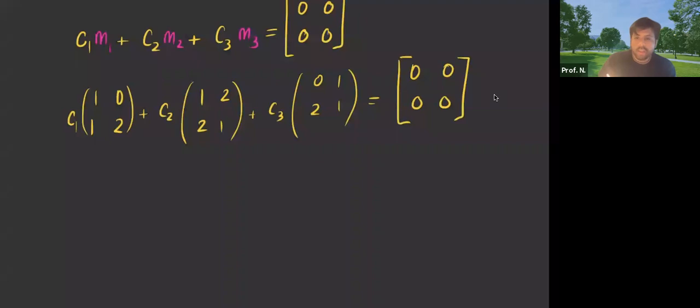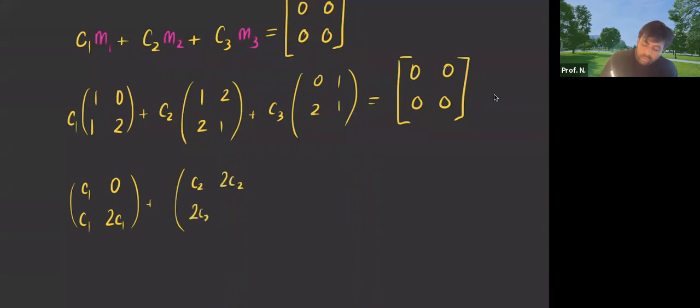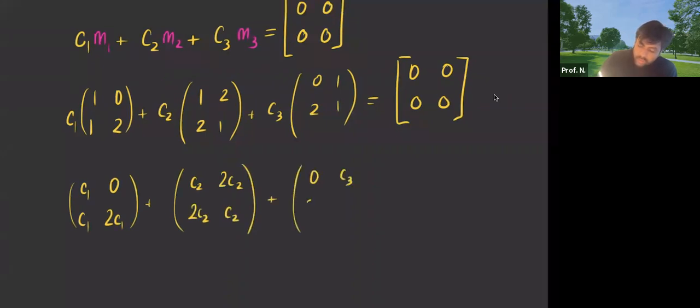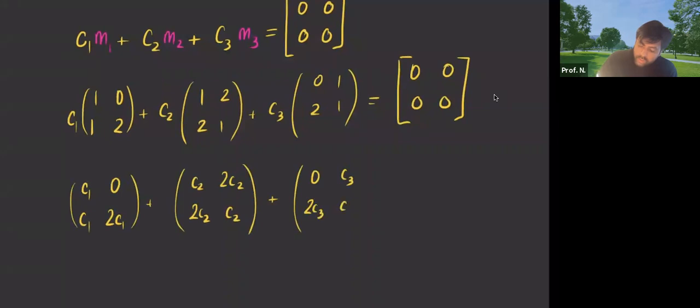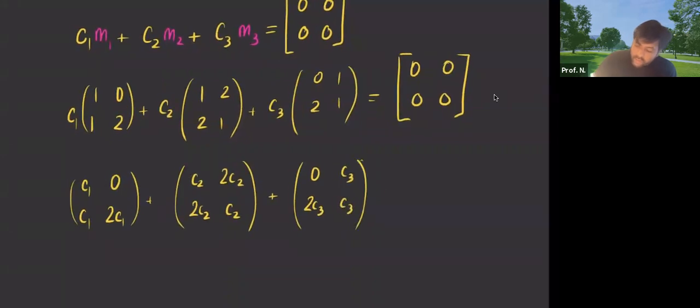When you apply scalar multiplication, I get C1, 0, C1, 2C1, plus 2C2, 2C2, C2, plus 0, C3, 2C3, and C3. And this equals 0, 0, 0, 0.